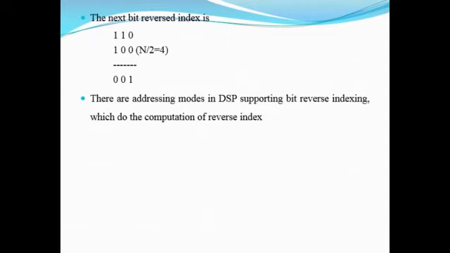So we add 4 to this: 0 plus 1 is 1, 1 plus 1 is 0 with carry 1. From left to right we transfer the carry. So 1 plus 1 again 0 with carry 1, 1 plus 0 plus 0 is 1. So 8 4 2, 2 is the next bit reversed order sequence for the previous index 110. So after 110 we get 001. That is how we calculate the bit reverse index.